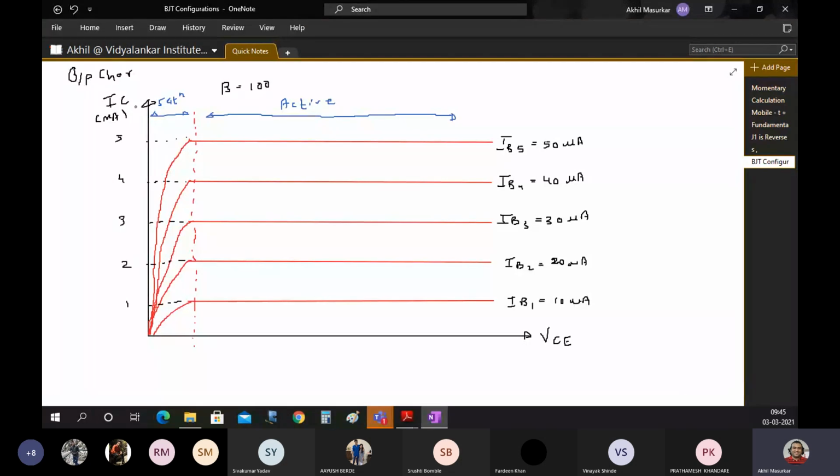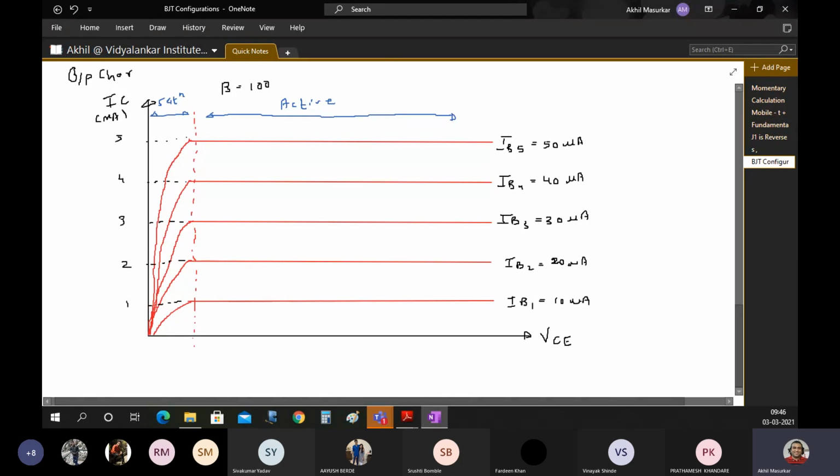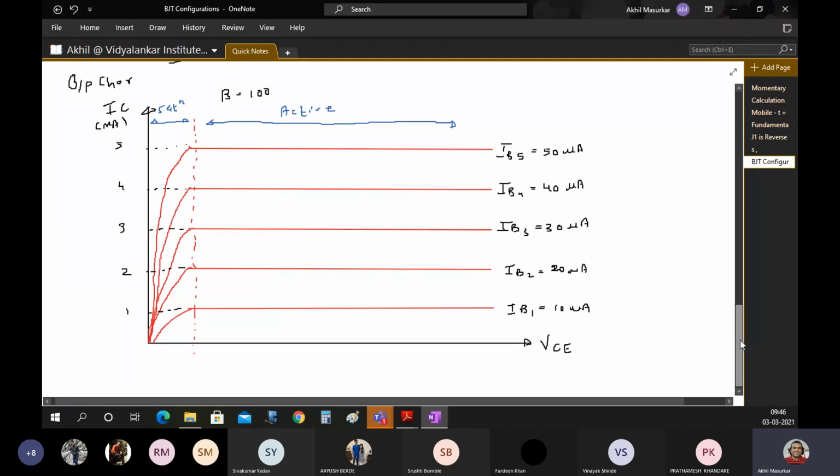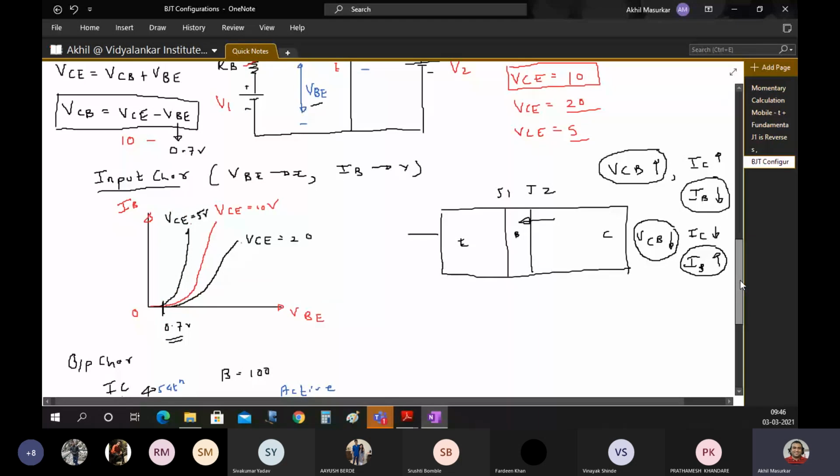If you see the input characteristics, let me just go back a little bit. For a given level of VBE, IB is reduced when higher VCE levels are employed. This is because VCB is equal to VCE minus VB.